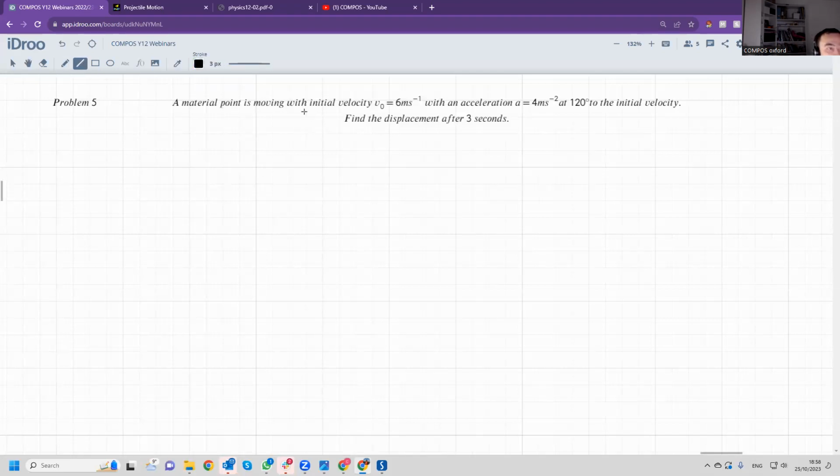We have a particle which is moving at 6 meters a second. It doesn't specify which way it is moving, so assume it's moving to the right, along the x-axis initially. The initial velocity is 6 meters a second, and immediately I can write it as a vector, 6, 0.